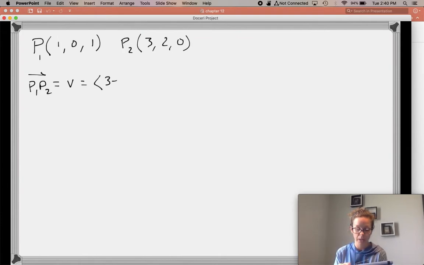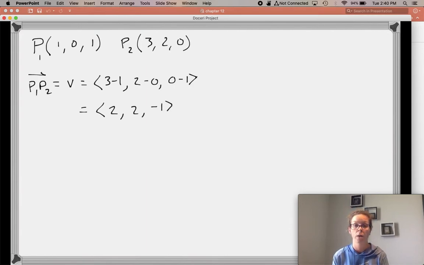So 3 minus 1, 2 minus 0, and 0 minus 1. So our component form for vector V is going to be 2, 2, negative 1. That is the vector that would begin at the origin and end at the point 2, 2, negative 1, but it has the same direction and same length as the vector from P1 to P2.